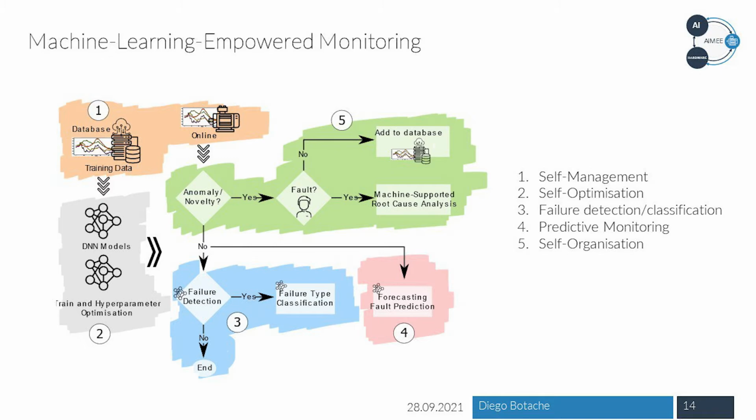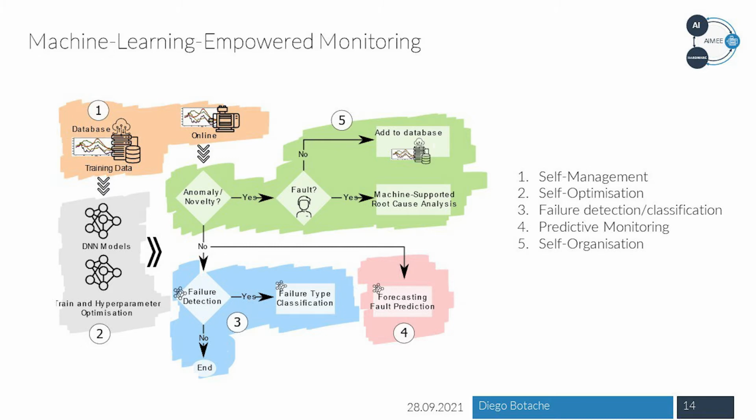For this, we have generated a set of defined fault types which we use for training a model in a supervised manner. But since we are not only interested in detecting faults in the system, we also want to predict emerging faults in the system for avoiding downtimes.